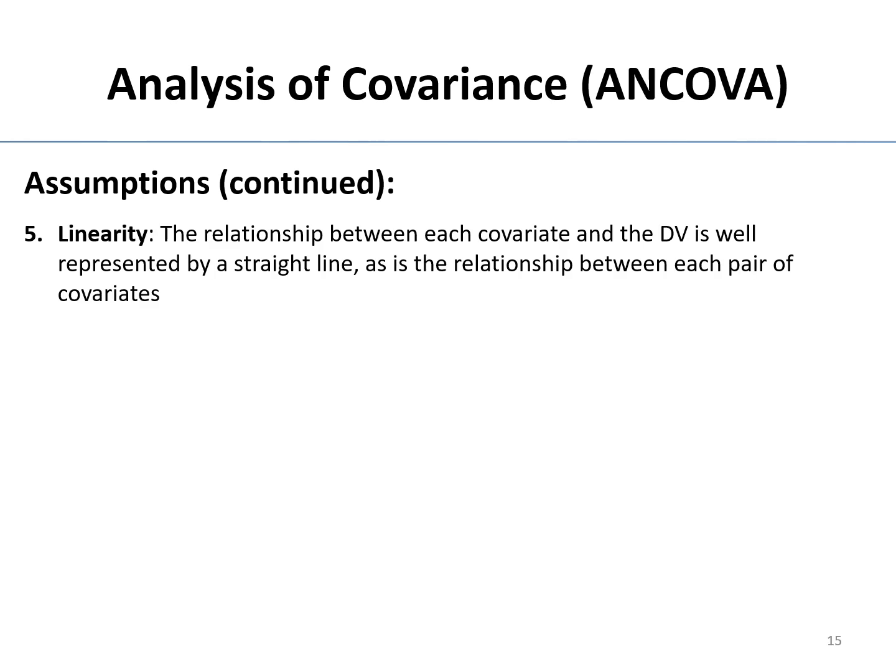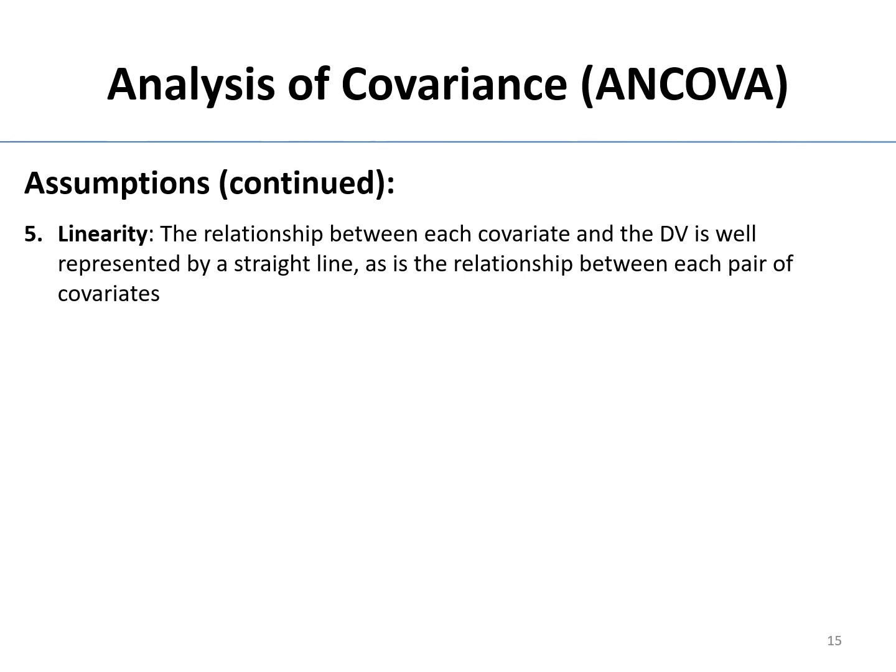Then we have linearity. So far we've only covered linear regression, and that means it uses a straight line as the relationship between the covariate and the dependent variable. In that sense, it needs a straight line to do a good job of representing the relationship between the covariate and the dependent variable.